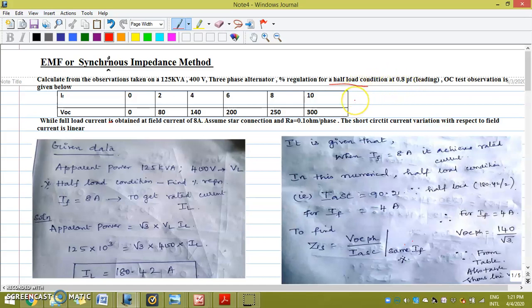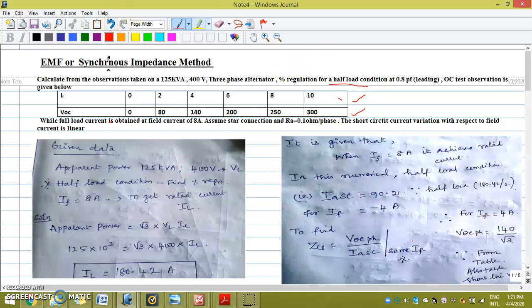They have also given an open circuit characteristic table with respect to IF. Open circuit characteristics is drawn between IF and VOC, I mean the generated EMF voltage at no load. So these are all the line voltages, you should always remember, right?